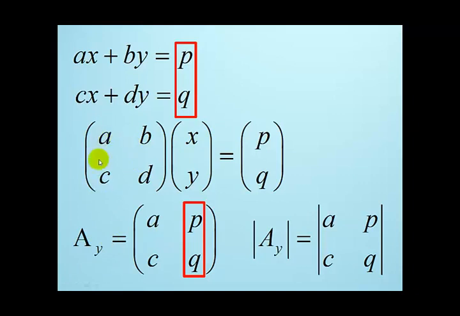Now, if you want to find AY, AC, that is the first column, remains the same, but the second column, instead of BD, is replaced by the constant PQ. So AY is equal to APCQ, and the determinant of AY will be equal to the determinant of APCQ.